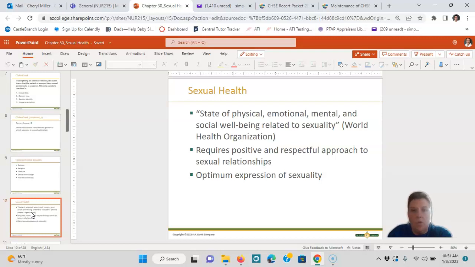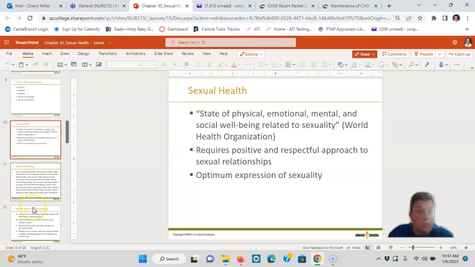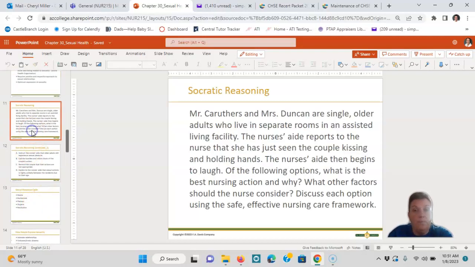That's the World Health Organization's definition. Requires positive and respectful approach to sexual relationships and optimum expression of sexuality. So they are not going to tell you if they don't feel open. So you need to be non-judgmental in your approach.